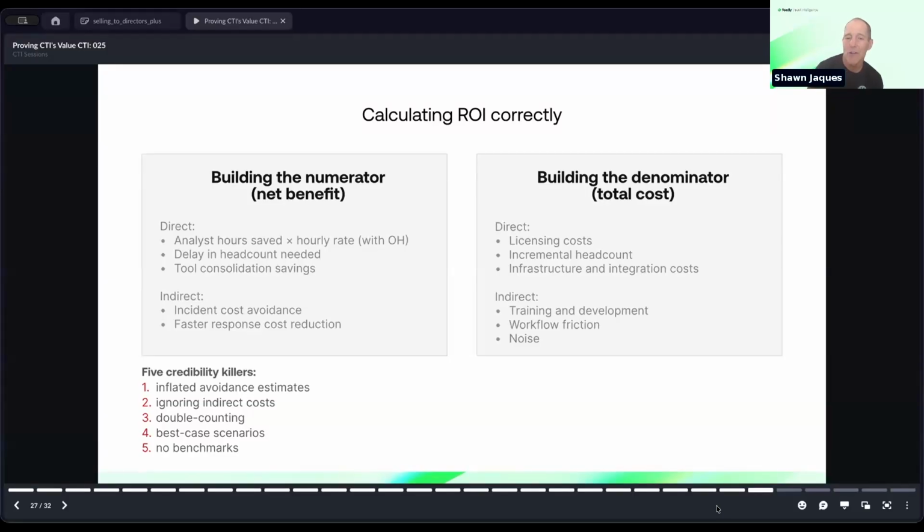If you introduce more noise or more workflow friction, or you require some new training, those are also costs and they should be factored in as well. The things that cause credibility to drop are ignoring the indirect costs, the cost of that integration, and double counting some of the benefits, thinking of it in terms of time saved, but then also speed to decision. Sometimes those things might overlap.